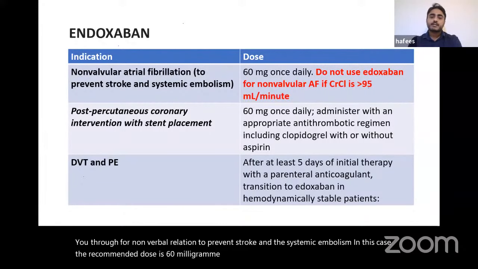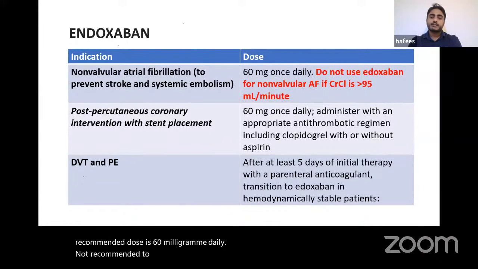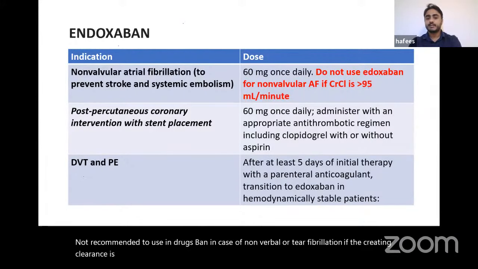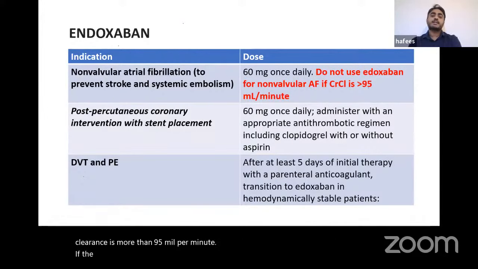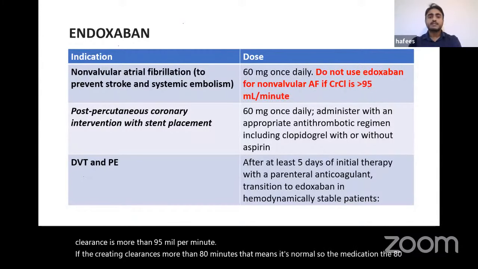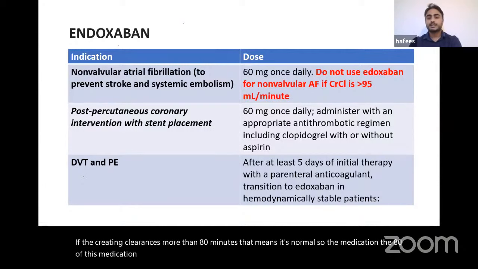It's not recommended to use edoxaban in non-valvular atrial fibrillation if the creatinine clearance is more than 95 ml per minute. If the creatinine clearance is more than 95, it means it's normal. So 80% of this medication is excreted through the urine. So if the creatinine clearance is normal, it will be at a subtherapeutic level.